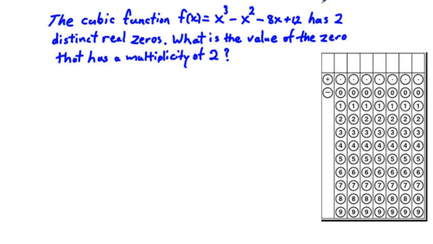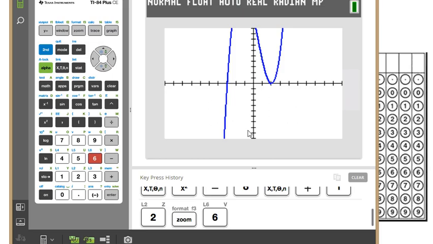So x equals -3, x equals 2. Now, these are two distinct real zeros. So what would be our one with the multiplicity of 2? The one with the multiplicity of 2 is going to be this one right here, where x equals 2.